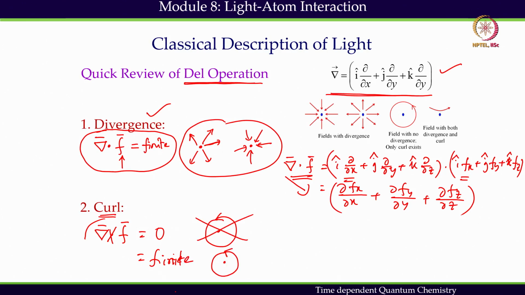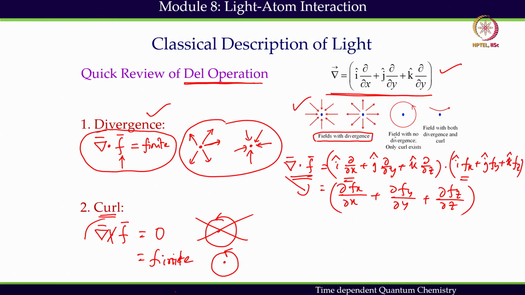So what we are seeing is that divergence and curl can be mathematically represented by dot and cross products respectively, showing the divergence of a field or the curl of a field. This is an example we have shown here. The field with divergence would look like this, which means the dot product will exist.